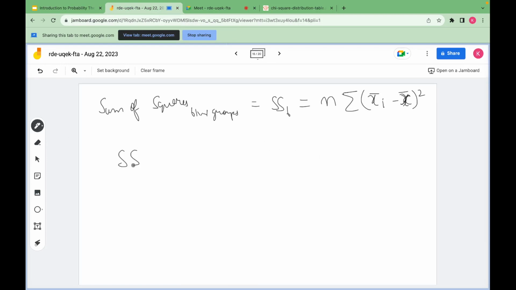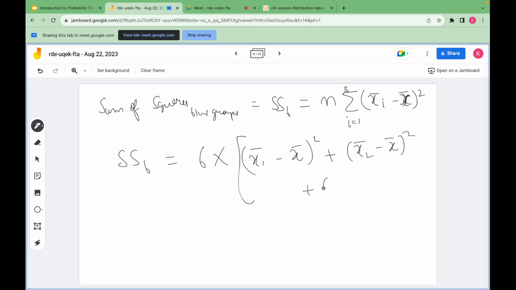So this SSB value for our data will be 6 into the summation of xi bar minus x bar whole square for i equal to 1 to 3. So x1 bar minus x bar square plus x2 bar minus x bar square plus x3 bar minus x bar square.